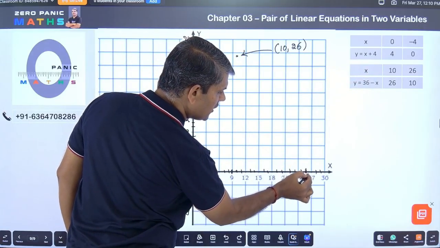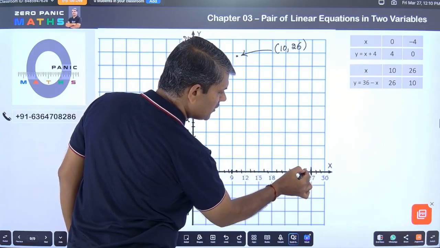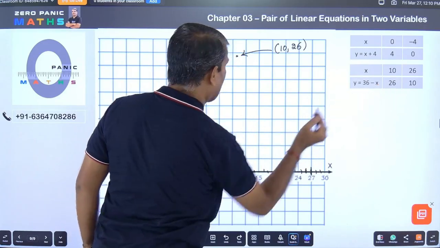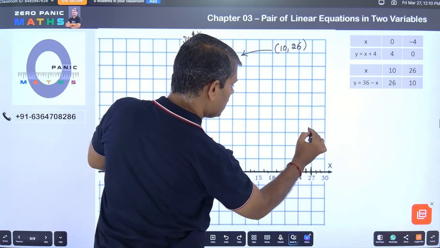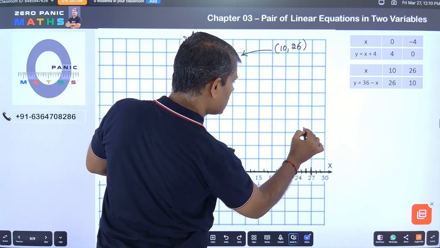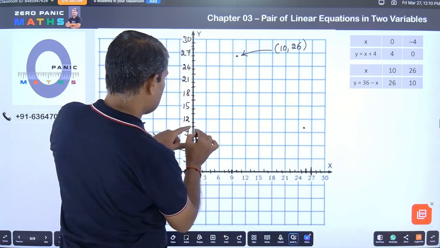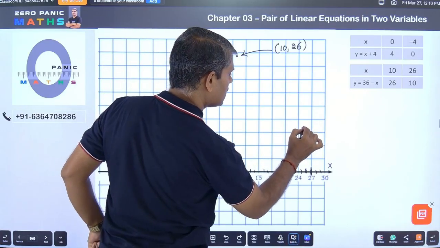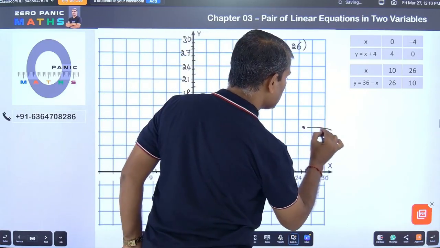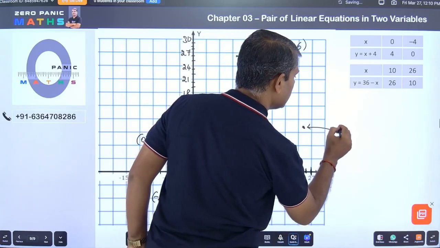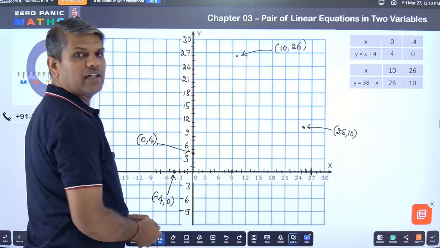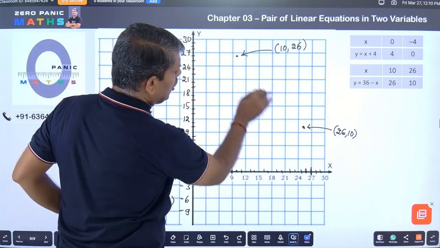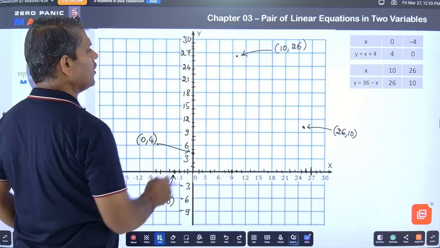This is that 26 because this is 27, this is 26, and 10 y coordinate. 10 y coordinate is somewhere here, and let me draw this point here. Correct? So this is that line. So what is this line? Coordinate is 26, 10.